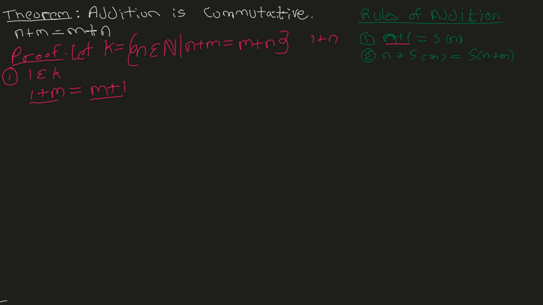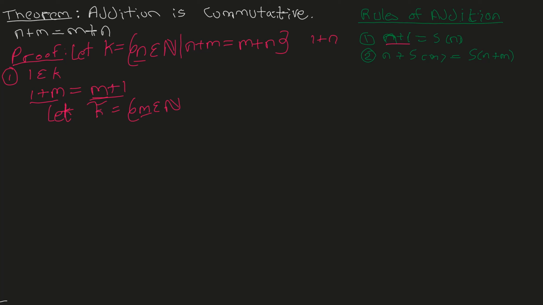So to do this, we'll define a new subset. Let K tilde, this is a new subset, this is not K, this is K tilde, be such that all m are in the natural numbers. Remember, over here we did all n in the natural numbers, now we're doing all m.